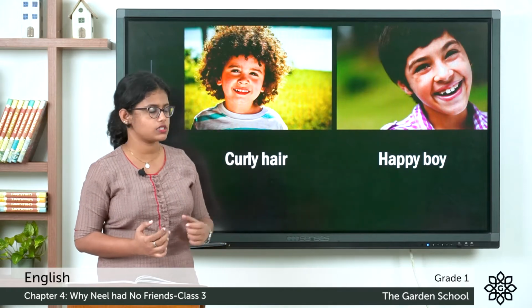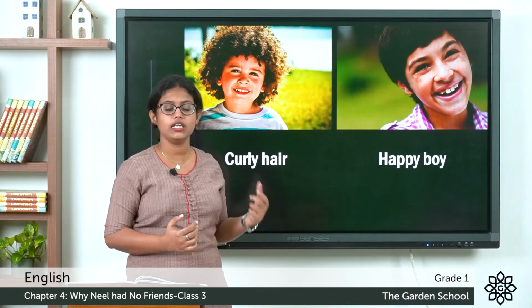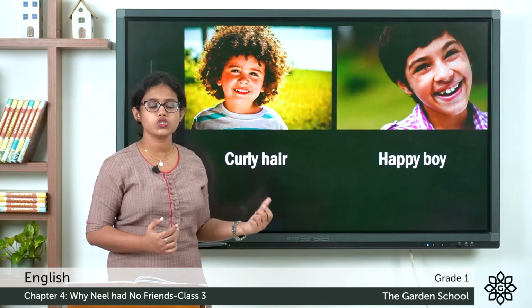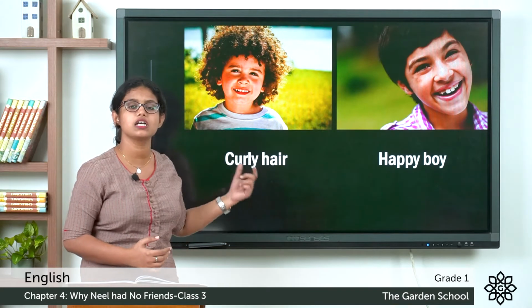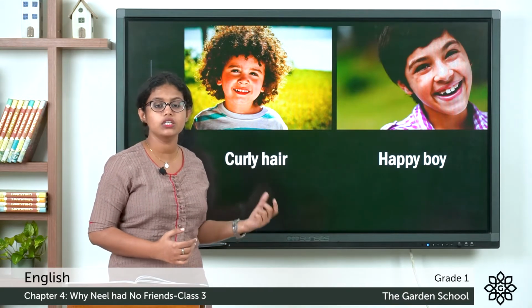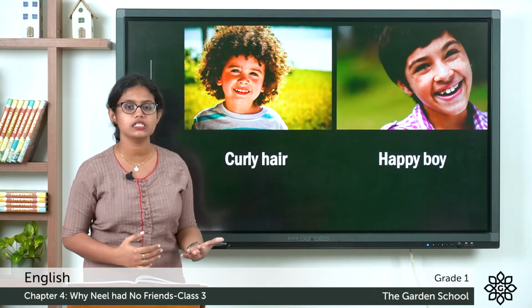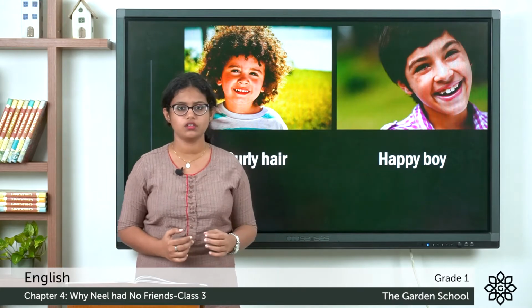Some more examples. Here you can see another phrase, curly hair. He has curly hair. So which is the describing word here? The describing word here is curly. The word curly describes the hair. So curly is the describing word. Coming to the next one.